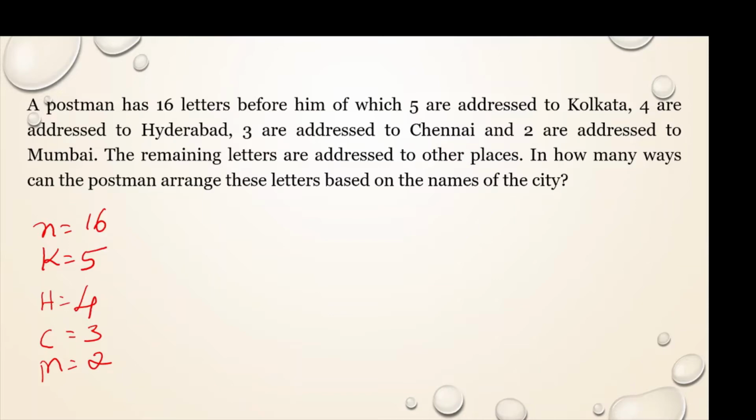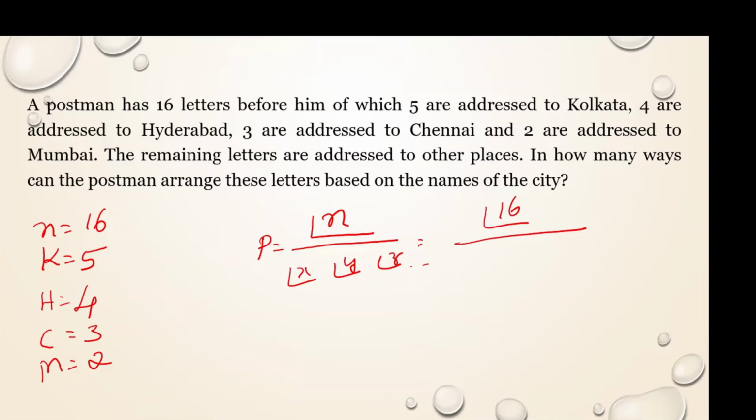So now let us see how many ways it can be done. The formula is n factorial divided by factorial x, factorial y, factorial z, or something like that. Now n is 16 because there are 16 letters. Factorial x talks about Kolkata: there are 5 letters going to Kolkata, 4 addressed to Hyderabad, 3 addressed to Chennai and 2 addressed to Mumbai.